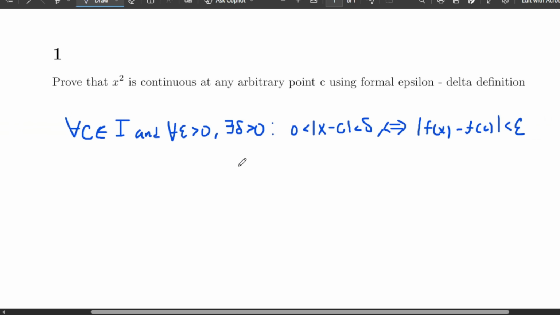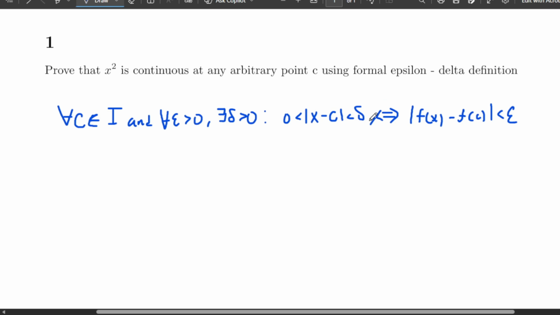Using this, we can prove if x squared is continuous at any arbitrary point C.